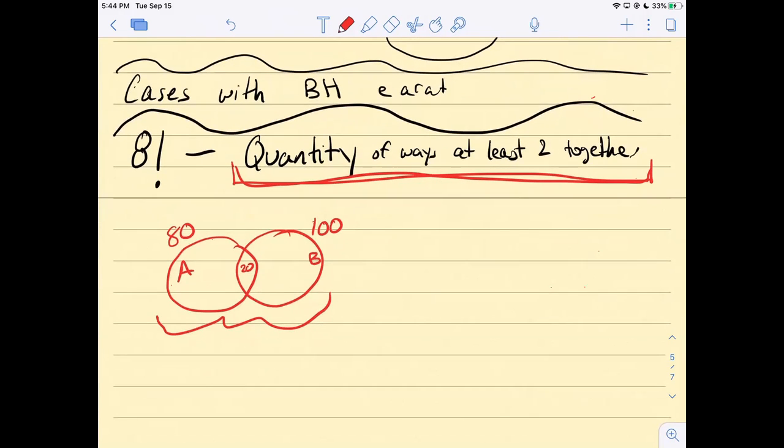If you add them together, you're overcounting because you're not accounting for the fact that the people in the middle got counted twice. So you want to do 80 plus 100 minus 20, which is 160 total.